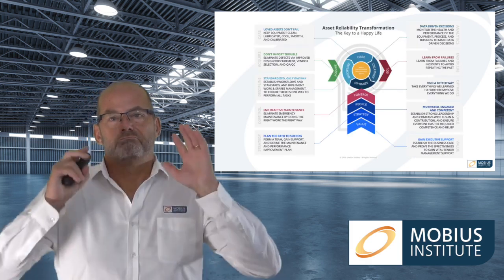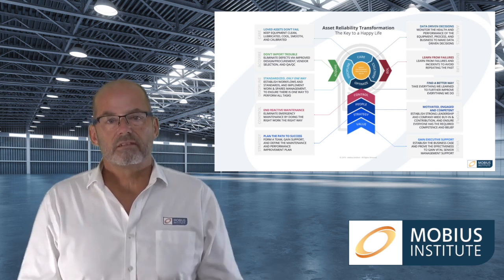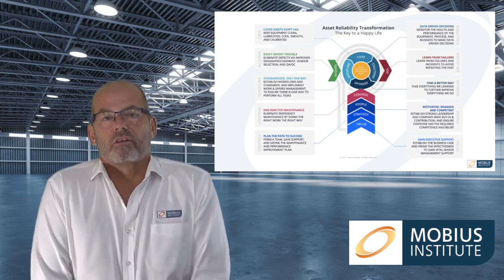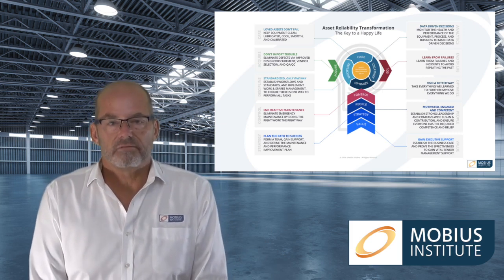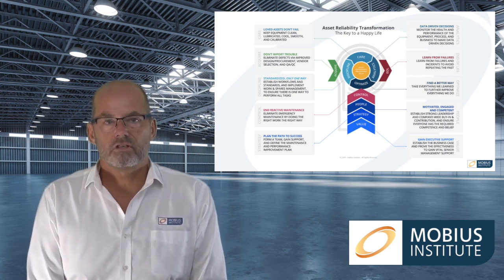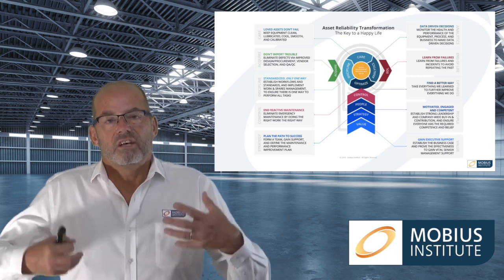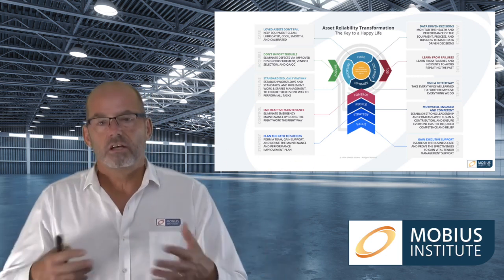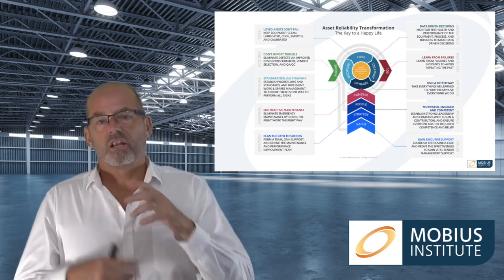I'm not going to go through all of these things right now, but each one of those 10 phases, value, strategy, people, control, and so on, deals with all the things that you could ever imagine talking about in terms of reliability improvement.